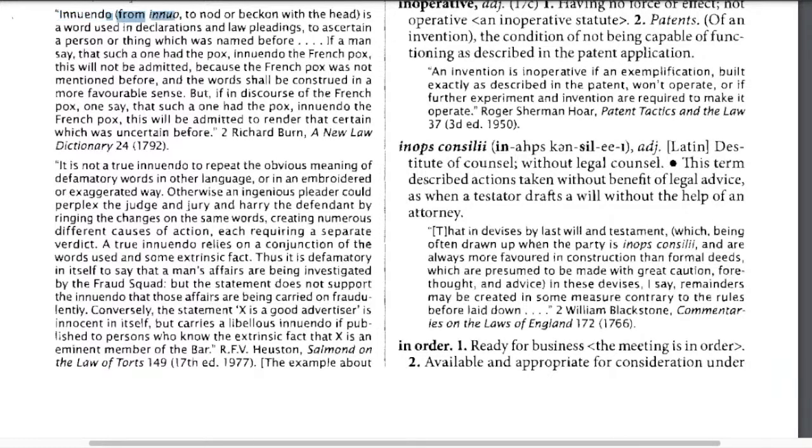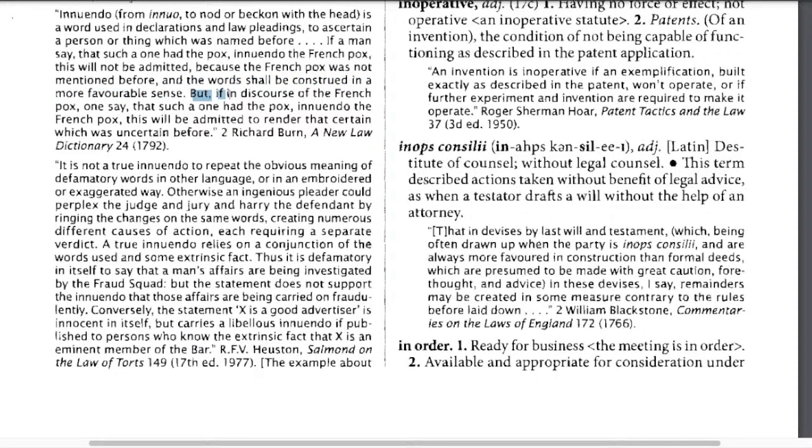Innuendo, from innuo, to nod or beckon with the head, is a word used in declarations and law pleadings to ascertain a person or thing which was named before. If a man say that such a one had the pox, innuendo, the French pox, this will not be admitted because the French pox was not mentioned before, and the word shall be construed in a more favorable sense.